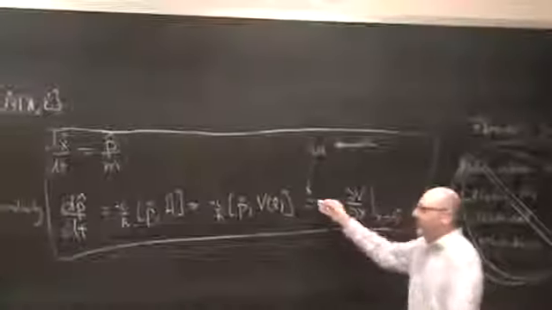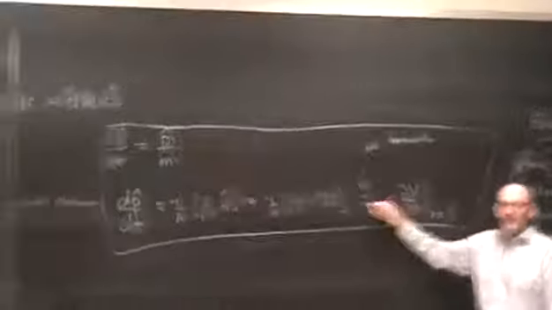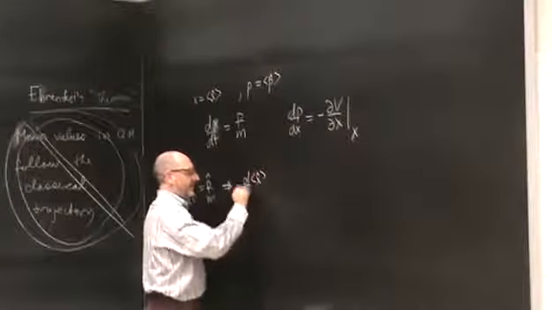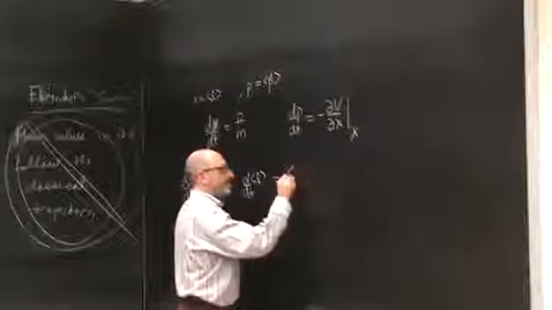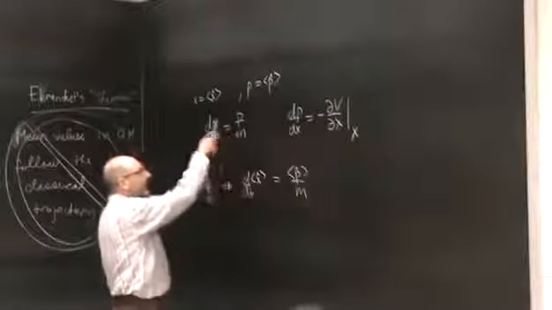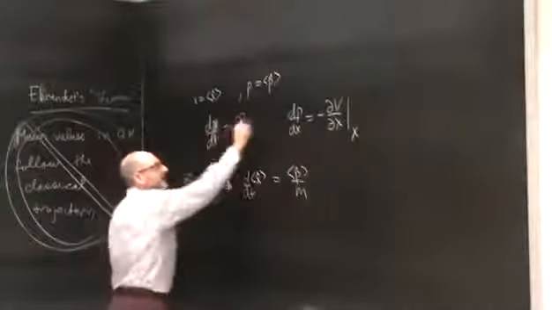Let's actually take the expectation value of these equations. What we have is dx/dt is p over m, which implies that. That's cool. If I replace this by the mean value, I get that. That's fine.